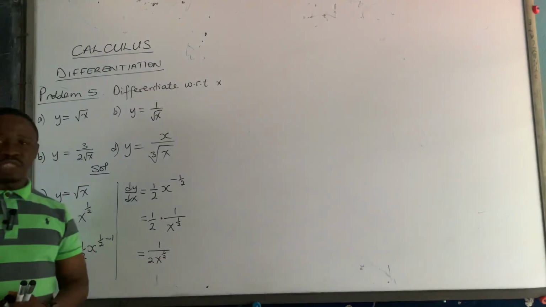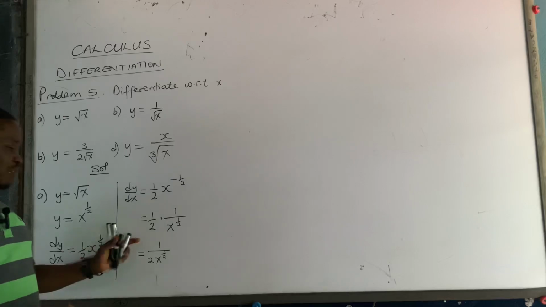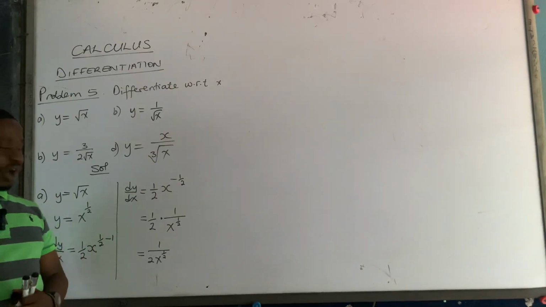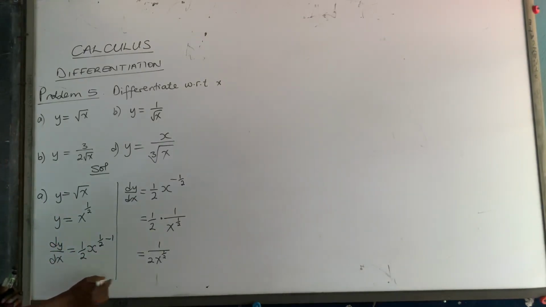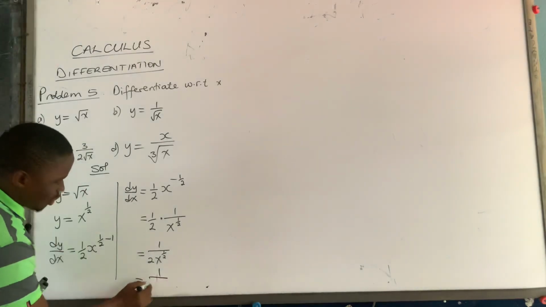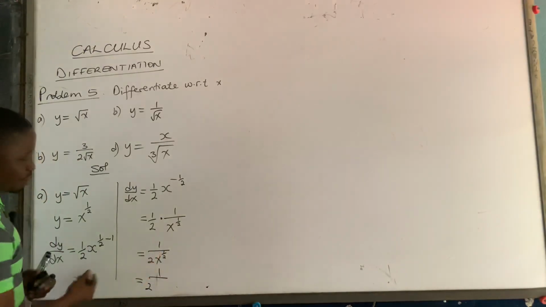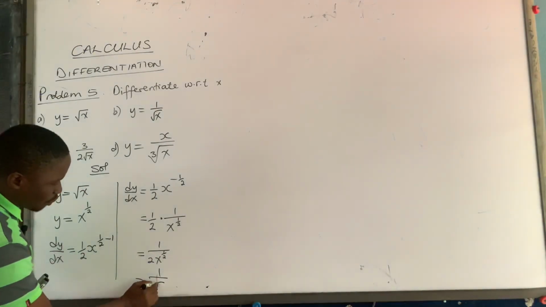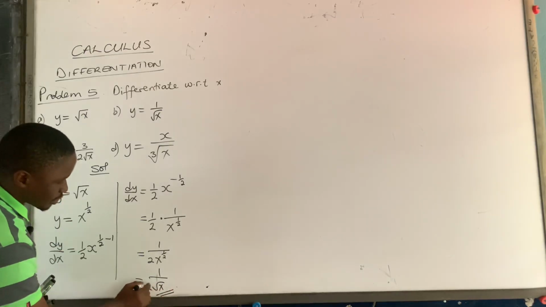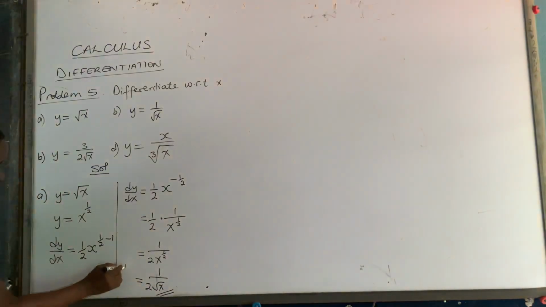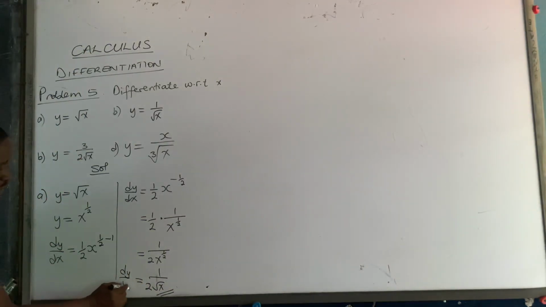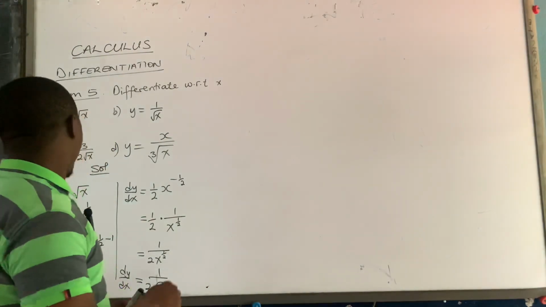So leaving the answer this way is also accurate. But if the examiner asks you to leave your answer in short form, we can say 1 divided by 2. X raised to the power of half is root of x. So this is our dy dx. This is the derivative, the differential coefficient.